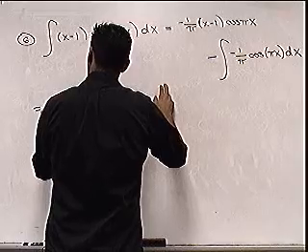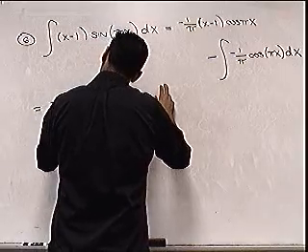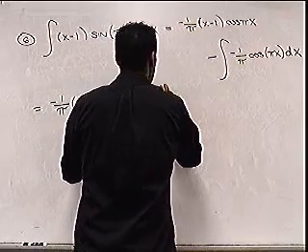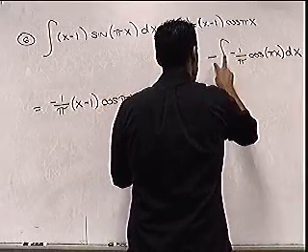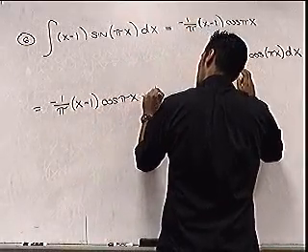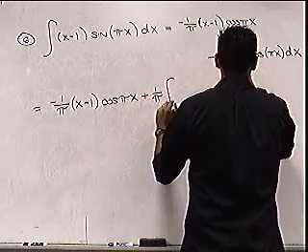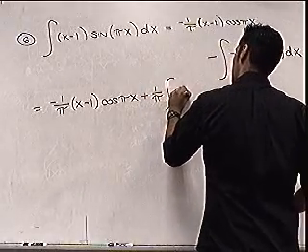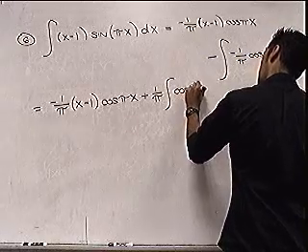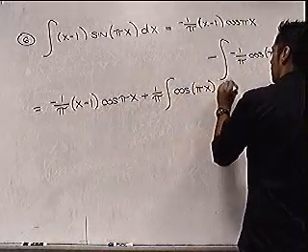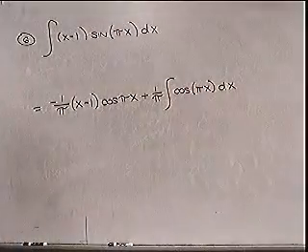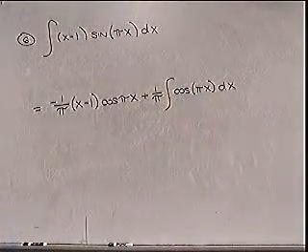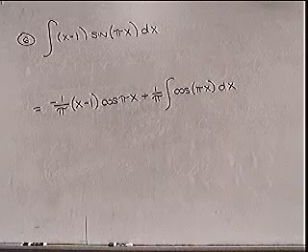So I'm just rewriting this: negative 1 over pi x minus 1 cosine pi x. That was my ultraviolet. Minus voodoo now becomes plus 1 over pi integral cosine pi x dx. That's where we are. Can you find the antiderivative of cosine pi x?